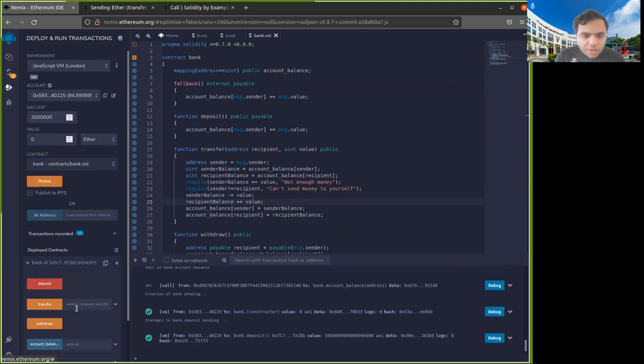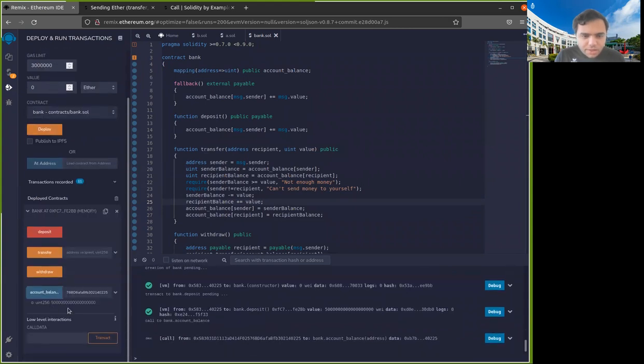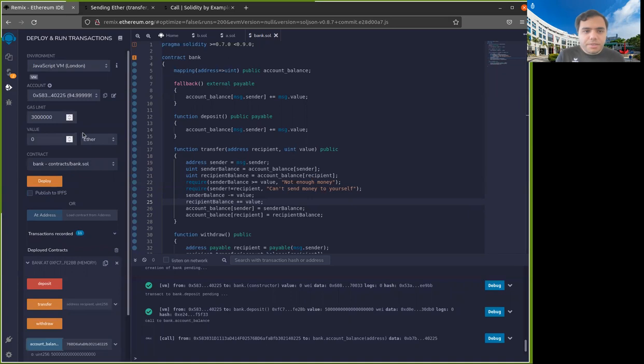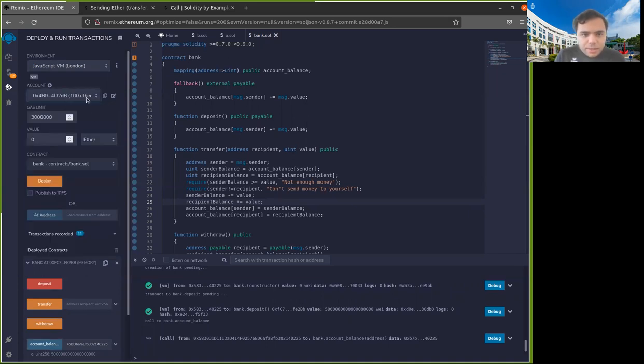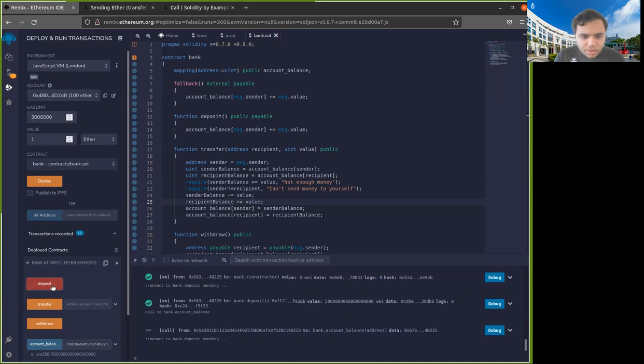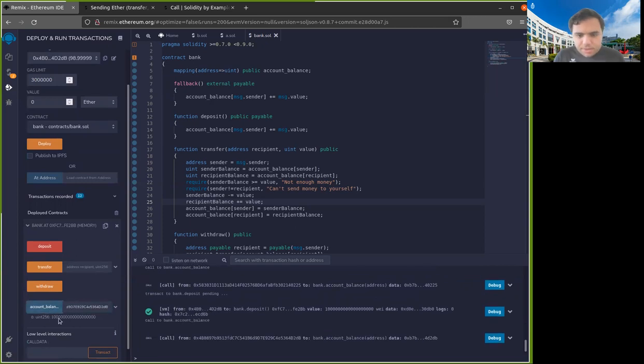Right, so if I now check the balance of this account, it is 5 Ether. Now I switch my accounts, and with another account, I send 1 Ether to the contract. So I deposited 1 Ether, it went through. I copy this and I check this account balance, and it's 1 Ether.